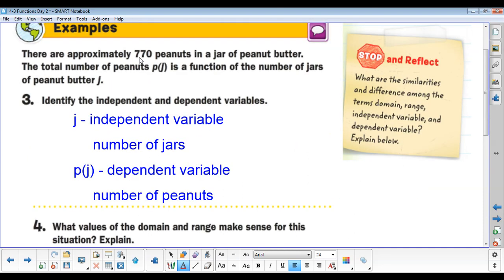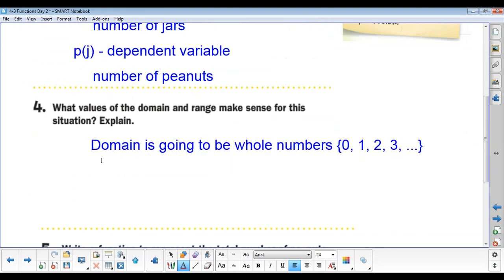In this case, we know that each jar of peanut butter uses 770 peanuts. So for these values that I just picked, if I had 0 jars of peanut butter, it would be 0 peanuts. If I had 1 jar of peanut butter, it would be 770 peanuts.